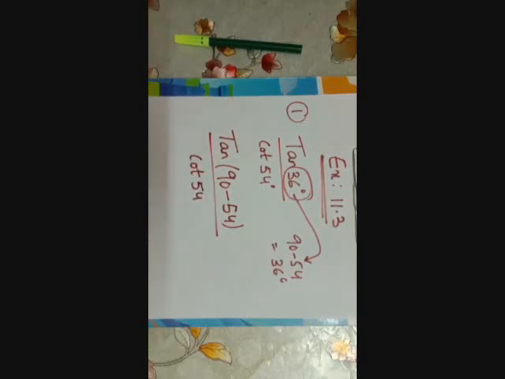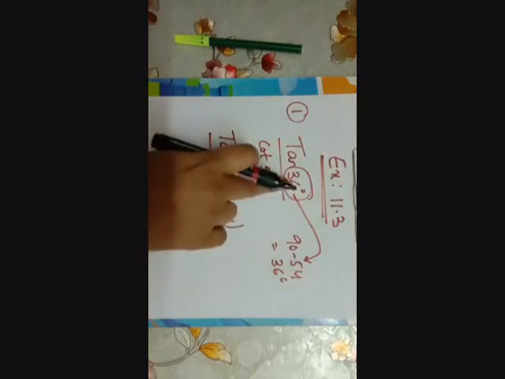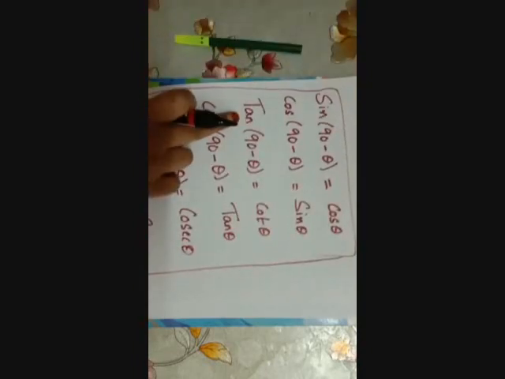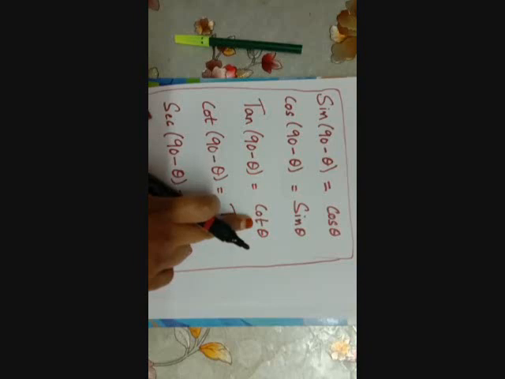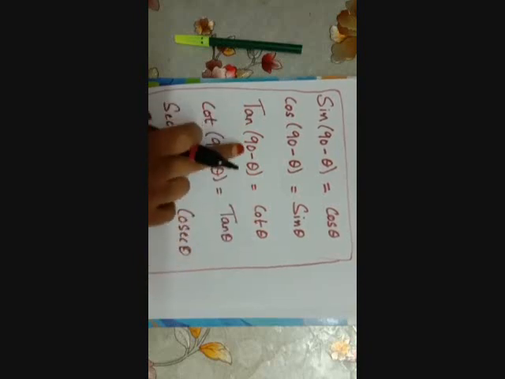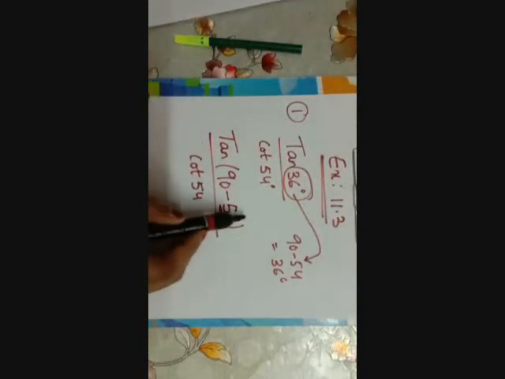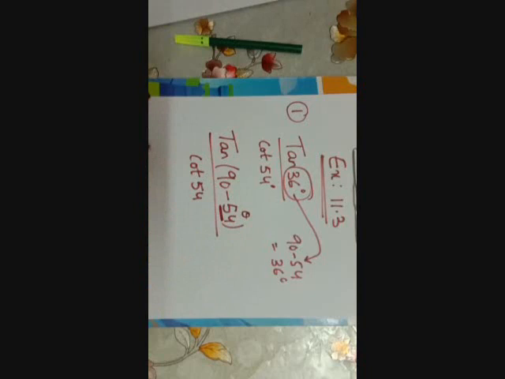Any doubt? I think no. Nothing else I did, I just expressed 36 in the form of 90 minus 54. Now come back to the formula. Tan 90 minus theta is cot theta. In the place of theta, I am having 54. So tan 90 minus 54 is cot 54.